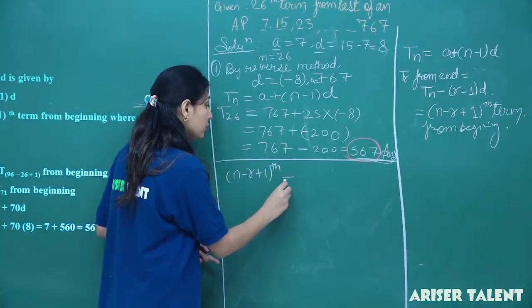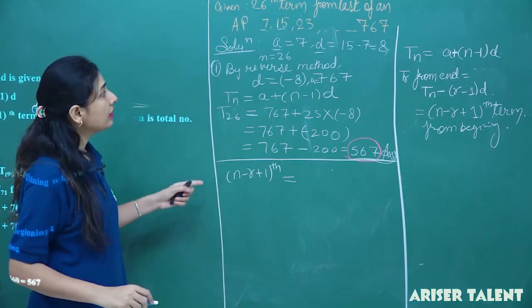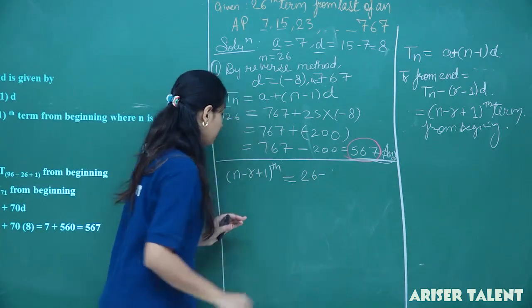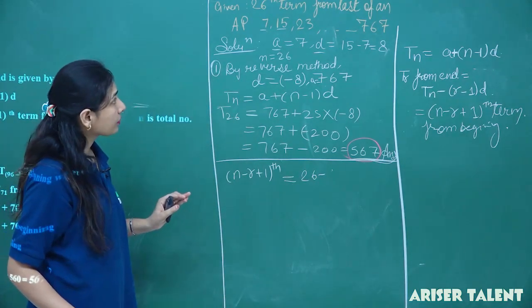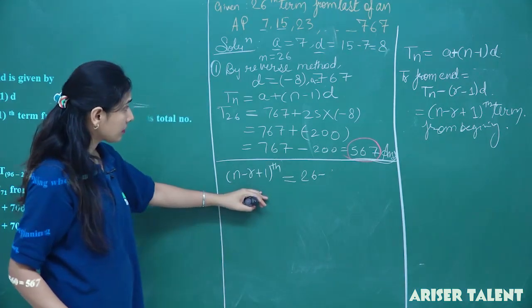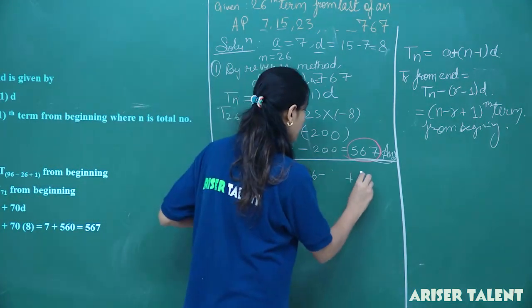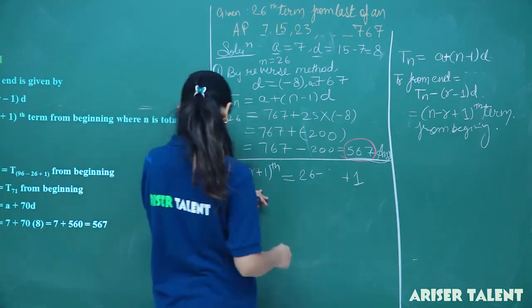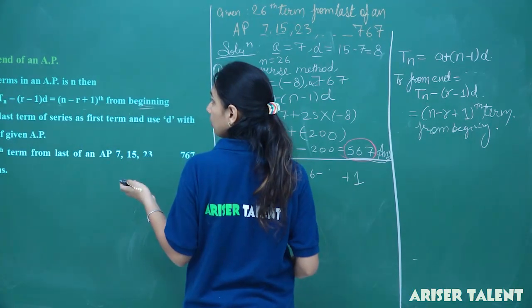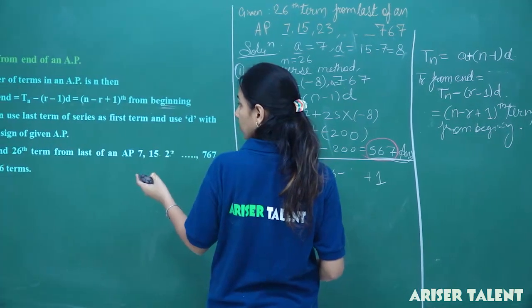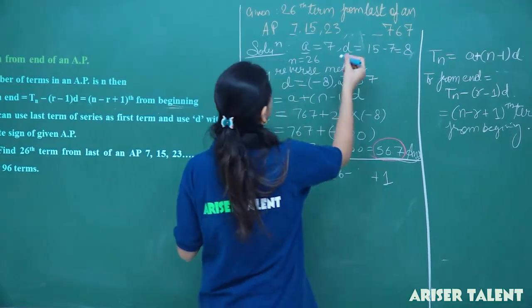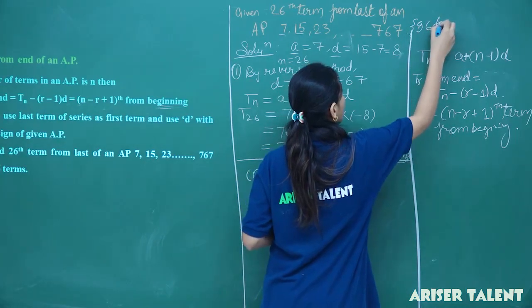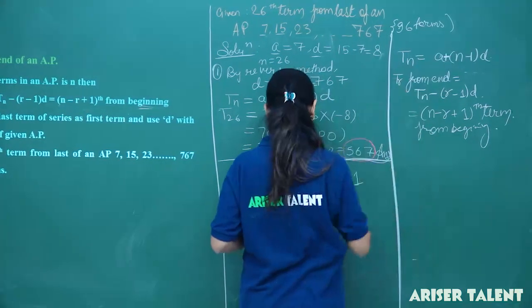So what is the value of n? n is the number of terms, that is 96 in total. Okay, students.